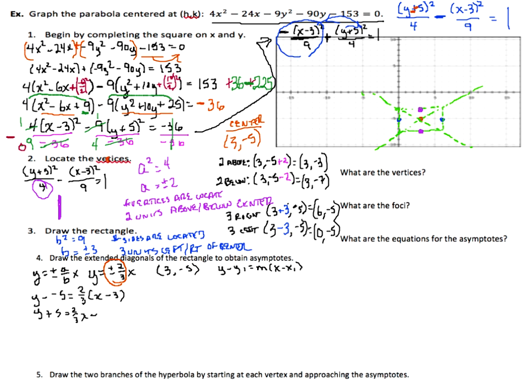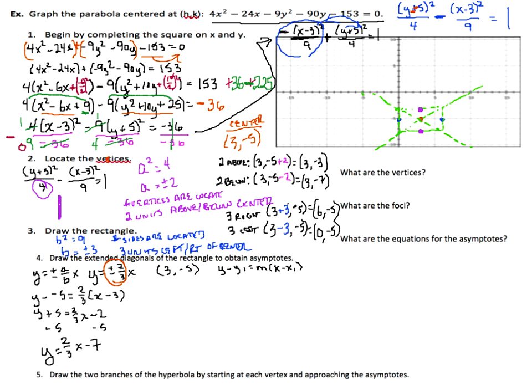minus 2 times -3, which is -6, divided by 3 is -2. I'm going to subtract 5 from both sides, and I get y equals 2/3 x minus 7.